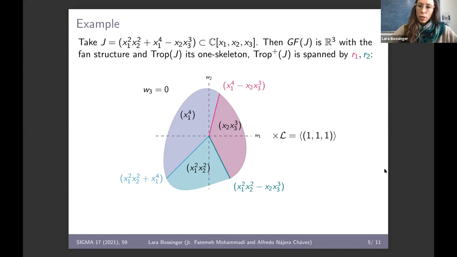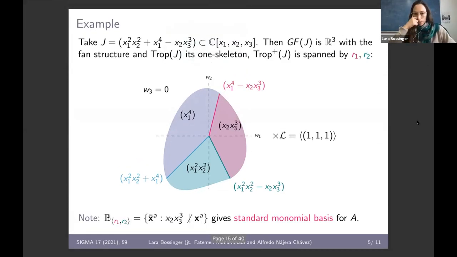Okay, so in this context, I want to introduce one more definition, namely that of standard monomial basis, which is a very important and very powerful tool. So if I have a monomial ideal and take the quotient of the polynomial ring by the monomial ideal, the set of all the monomials that are not contained in this monomial ideal naturally gives me a basis for the quotient, a vector space basis.